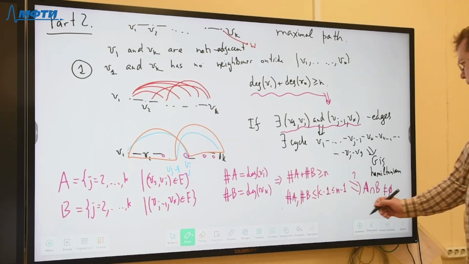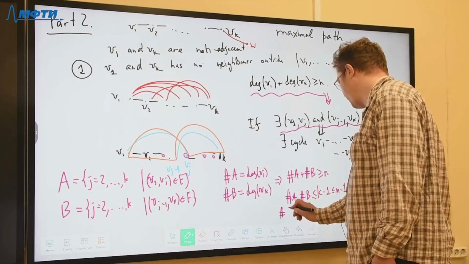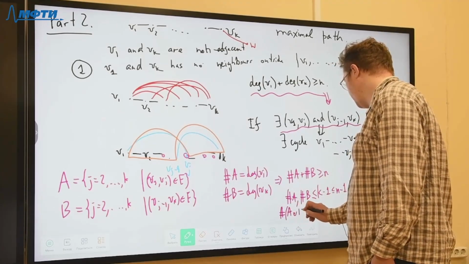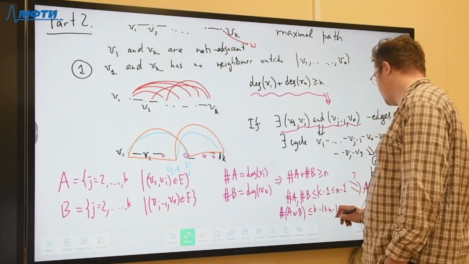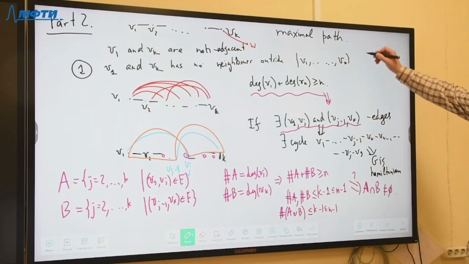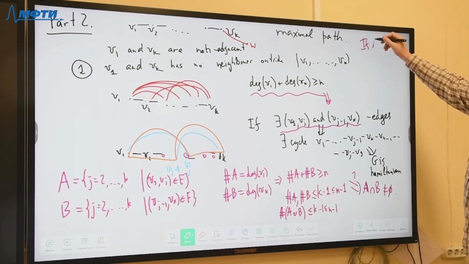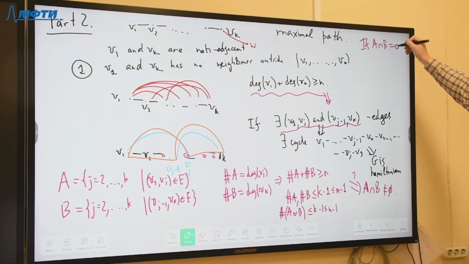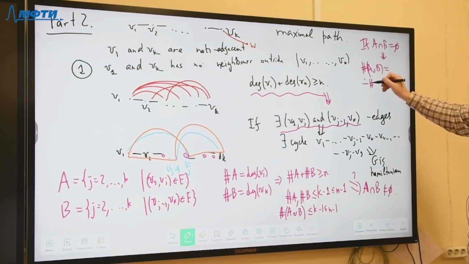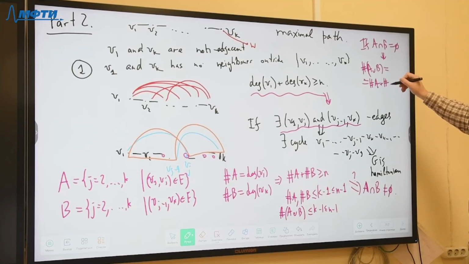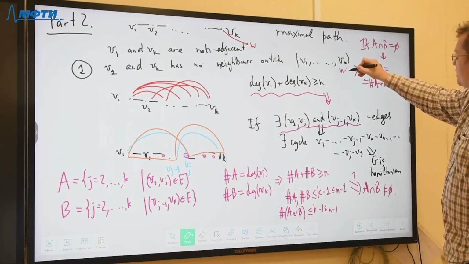Yeah, but maybe I write here that the number of elements of A union B is not greater than n minus 1. Then if the intersection is empty, the number of elements of A union B will be equal to the number of elements of A plus the number of elements in B, and this is greater than or equal to n, and this is not greater than n minus 1.